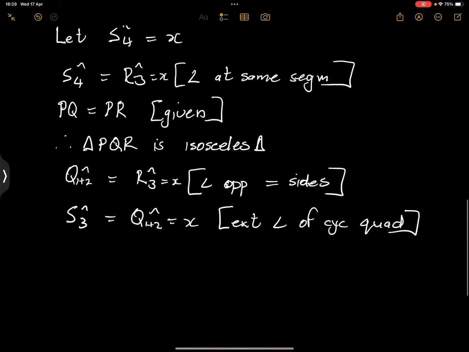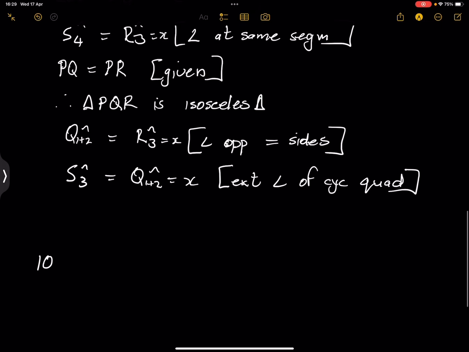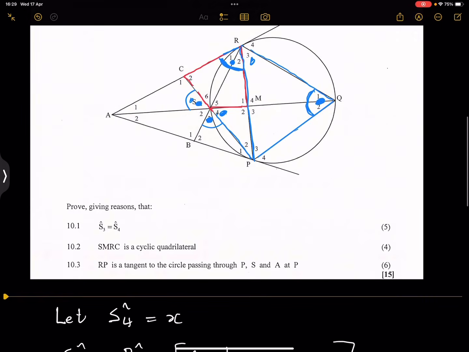All right, so let's start. How do we write it down? So 10.2. What did we do? Remember, we had already concluded that S3 was equal to S4. In fact, we could have even used S4 as the exterior angle.